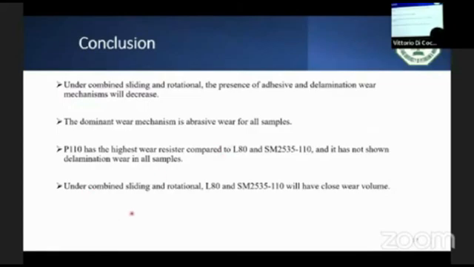Under the combined sliding and rotation, L80 and SM2535 have close wear volume. We assume this happened because of a floating of the material during the testing, since the sample has a small width compared to reality, so this could be a factor.